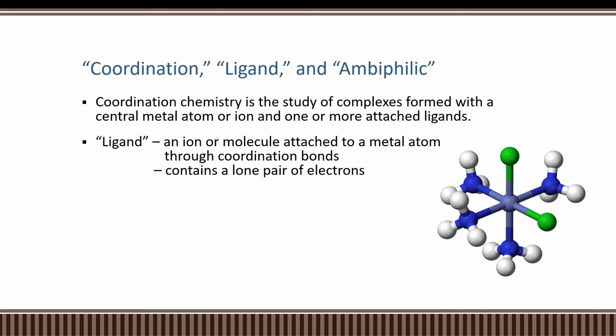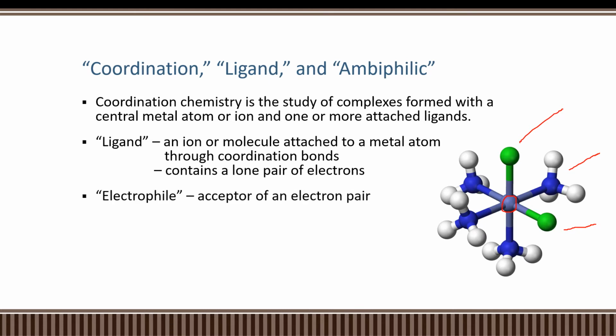In the figure on the bottom right of the slide, at the middle is the metal ion, and around it are the ligands that attach to it or coordinate with the metal ion. In this case, there are 6 different ligands attached to a central metal ion.